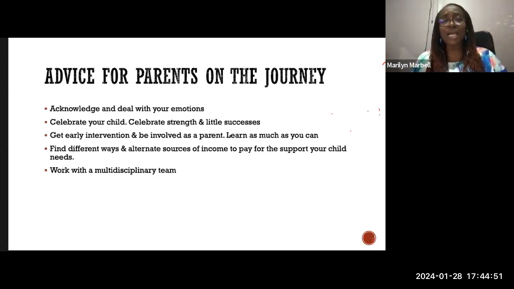Then, once you start this journey, we said every journey matters. Celebrate with your child. Celebrate the strengths and the little successes, okay? Get early intervention. Be involved as a parent. In all the successes I've seen with children with special needs, developmental challenges, or birth defects, those who get good outcomes have parents and families who are 110% involved.